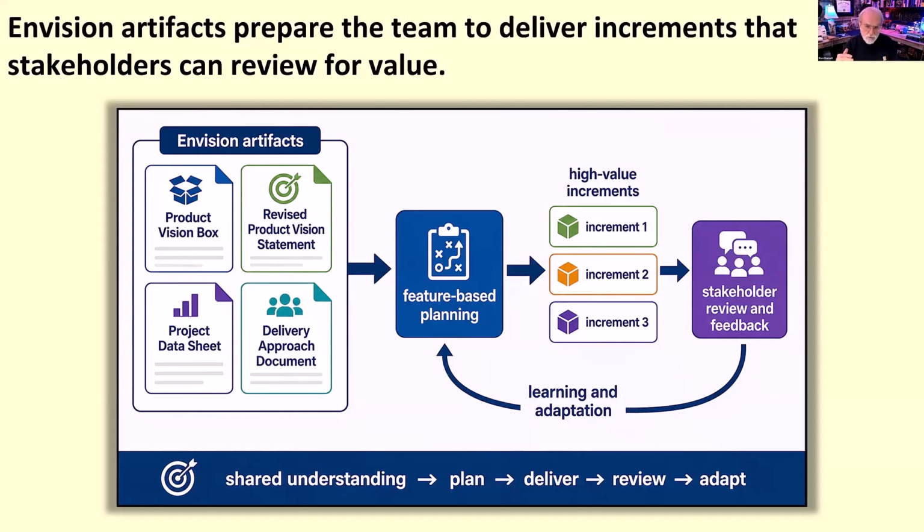And together, all these artifacts make it easier to move into our feature-based planning and later produce increments that stakeholders can review and improve through feedback. And again, this supports the ESEAC model's emphasis on delivery, learning, and adaptation. So if you were doing this in real life and you had a team working with you as an agile project manager, you would be leading the team through all these steps.